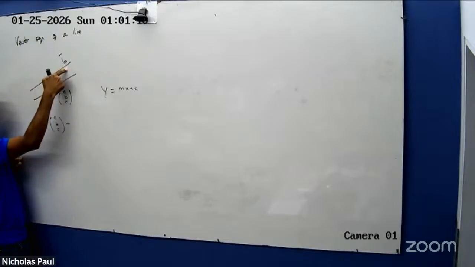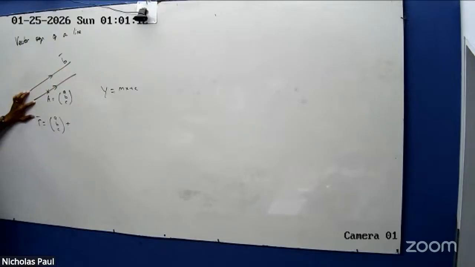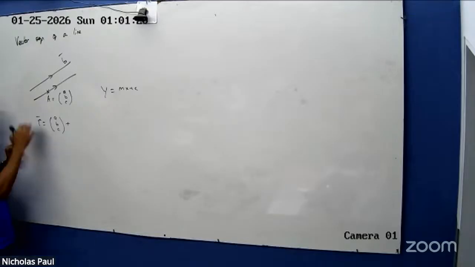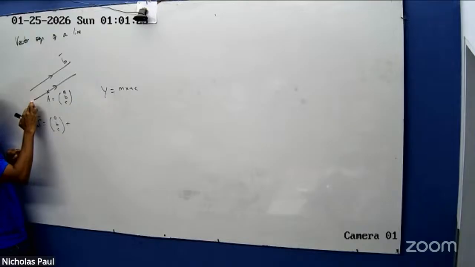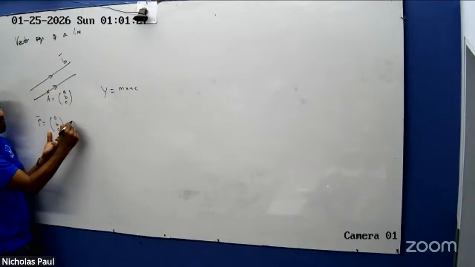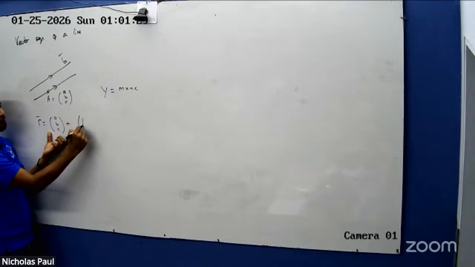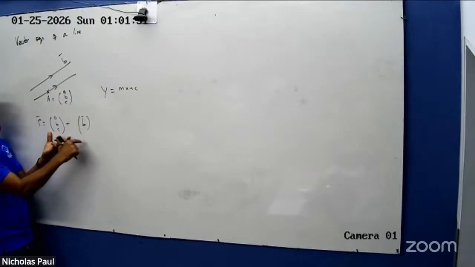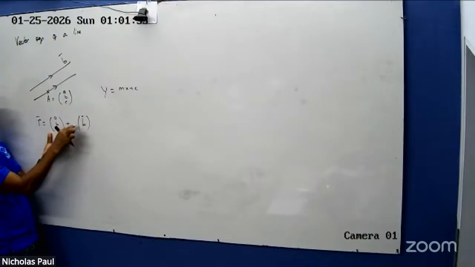What do we know about parallel lines? Same gradient, so they basically have the same slope. So parallel lines are basically multiples of each other. So what you do is take the point on the line and take the parallel vector, and of course, this line will be a multiple of this.